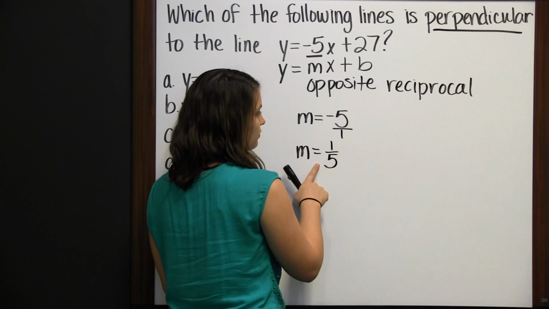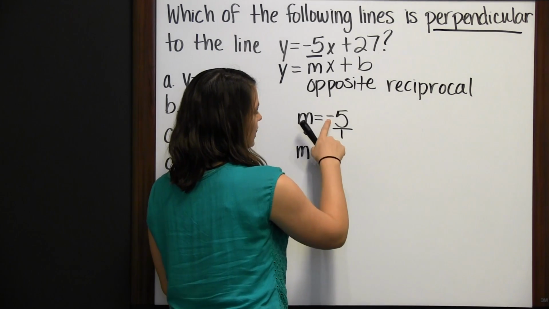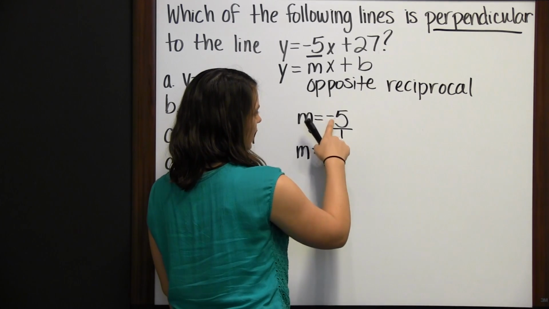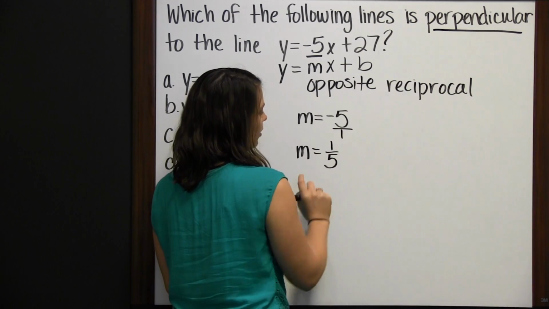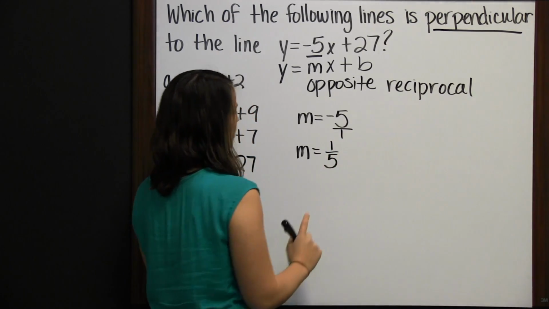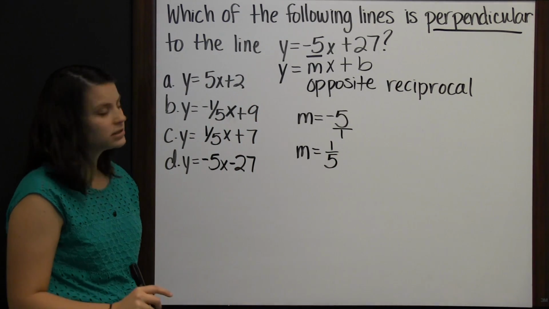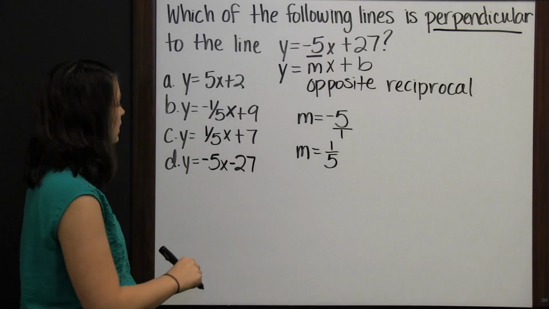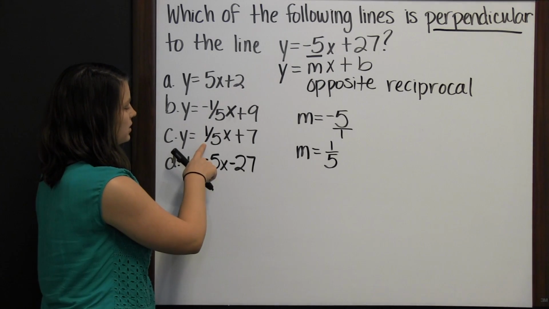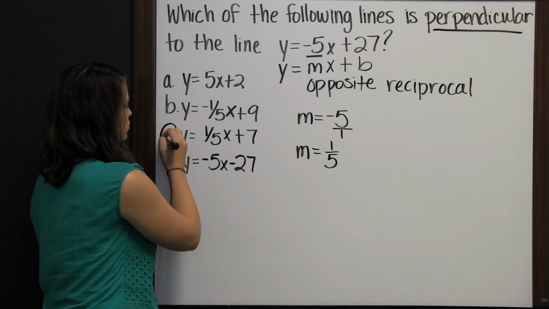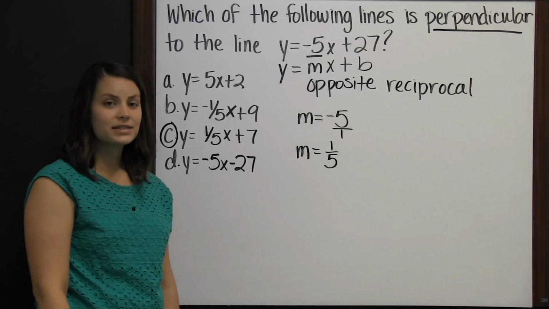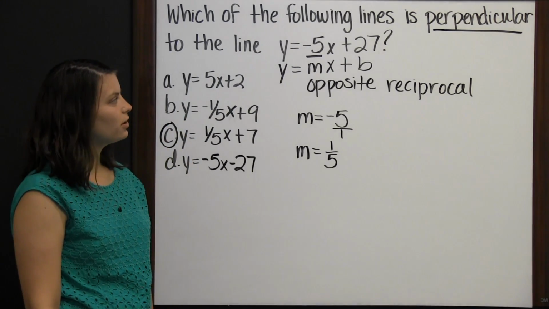And again, it's a positive 1/5 because it has to be the opposite. So negative 5 over 1, the opposite reciprocal is positive 1/5. Looking at the answer choices, the only line with a slope of positive 1/5 is answer choice C. So that's the line that's perpendicular to our original line.